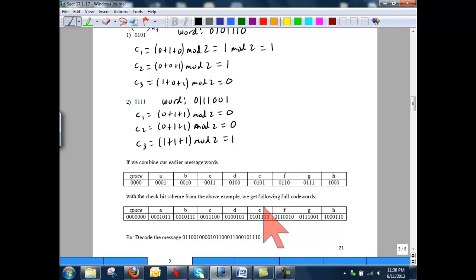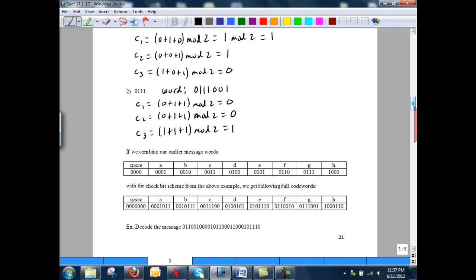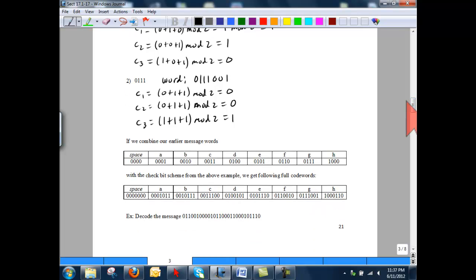And we also did 0111, that's a G, and came up with the full code word for that. So I've done the rest of the letters space through H, and here are the full code words then. And now I'm a receiving computer and I receive this bit stream, and the question is, what message was sent?